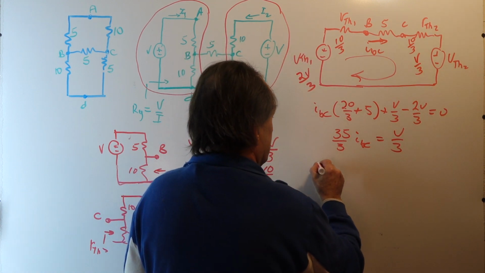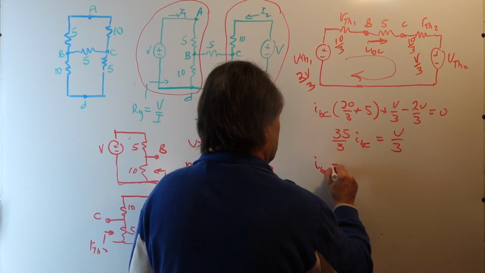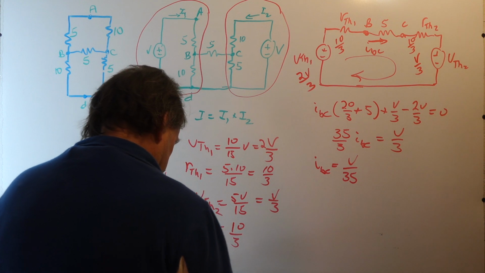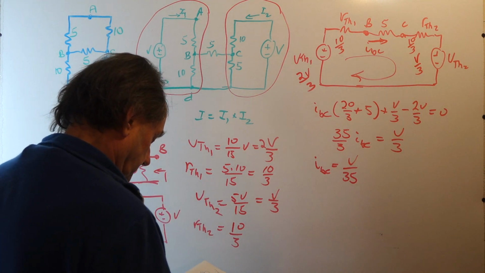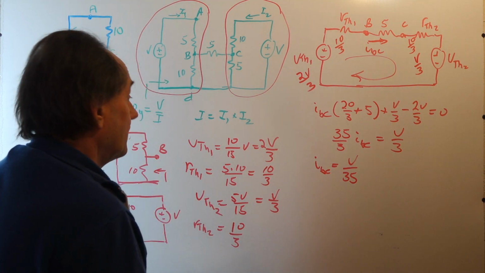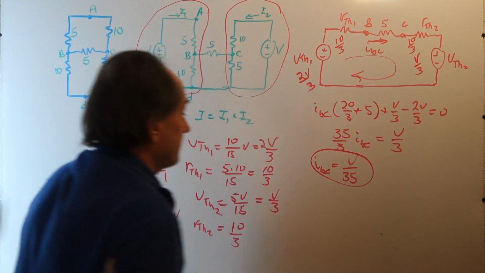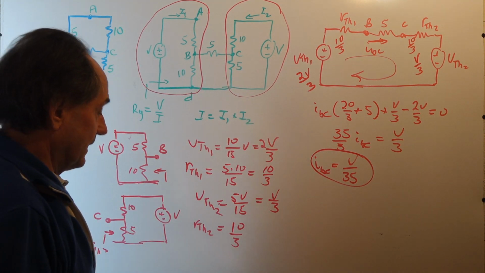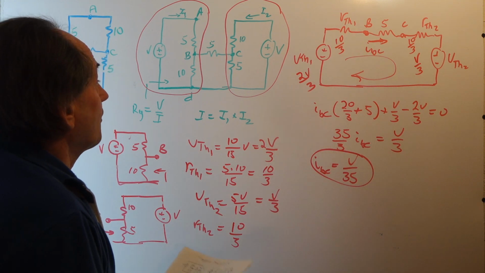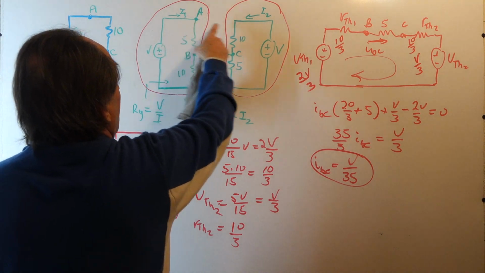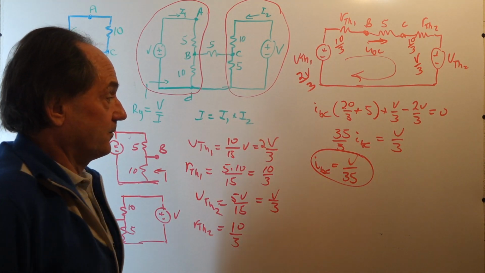So IBC then becomes V over 35. So this is the current that we want. Now, needs a little more work. We have to go and now solve for I1 and I2.